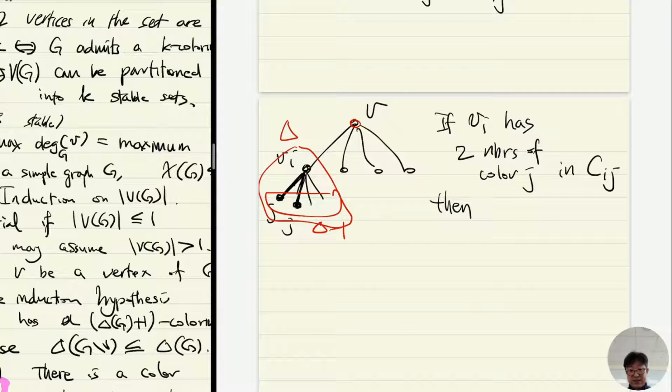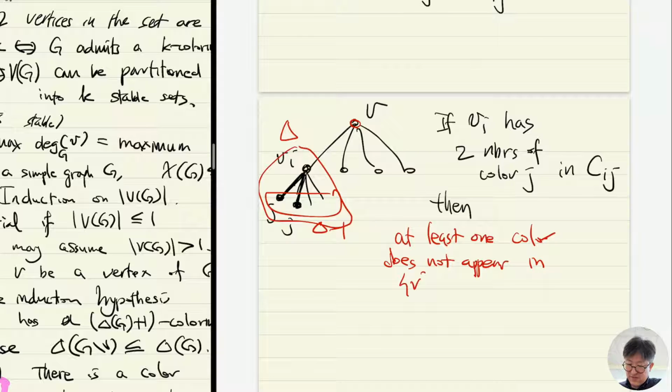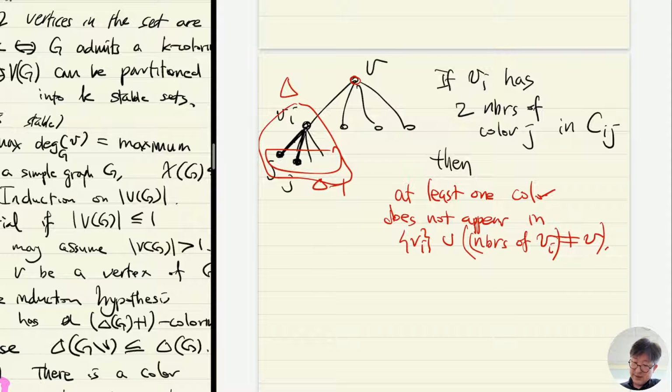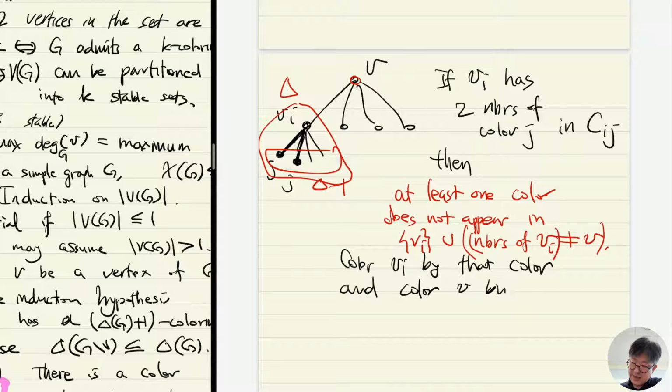Among delta vertices, two vertices have the same color, so that means one of the colors does not appear among V or the neighbors of Vi other than V. So color Vi by that color, and then i is not appearing at Vi, so color V by i.